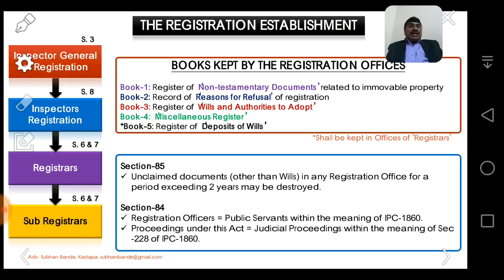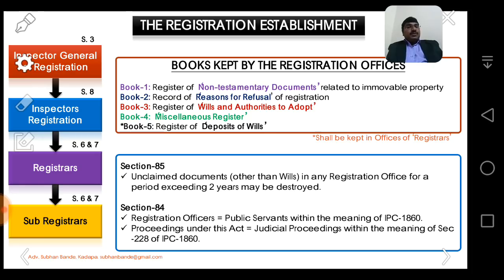Coming to section 85, unclaimed documents other than wills, in any registration office for a period exceeding 2 years may be destroyed. The registration officers are deemed to be public servants within the meaning of the IPC 1860, according to section 84.